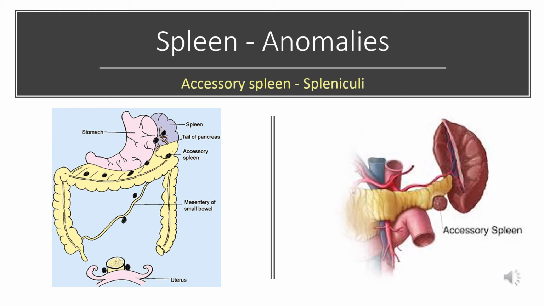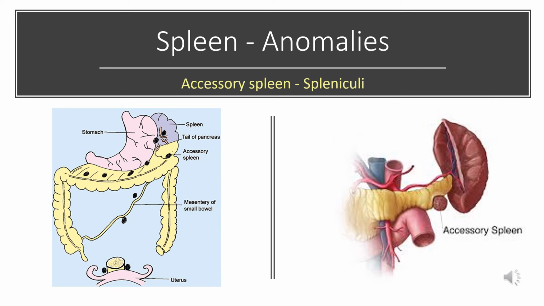Polysplenia is a condition in which there is a presence of multiple accessory spleens rather than one normal spleen. The most common location for accessory spleens is the hilum of the spleen. They are also seen commonly adjacent to the tail of the pancreas.